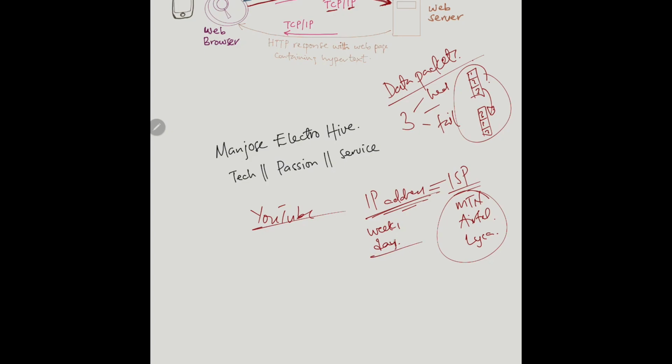So that person had given you a link to a particular IP address. By the time you clicked on that link, the IP address that the ISP had given that person changed. That is why you couldn't access the information.